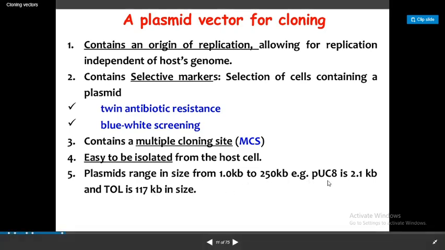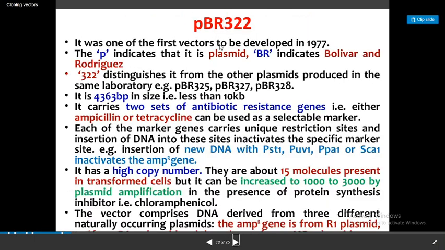An example of a plasmid is pUC8, which is 2.1 kilo base pairs. Then TOL, these are all examples of plasmids. You can look for other examples also. The important and very famous one, the first vector that was isolated, is pBR322. p means plasmid, and BR stands for the people who isolated it.